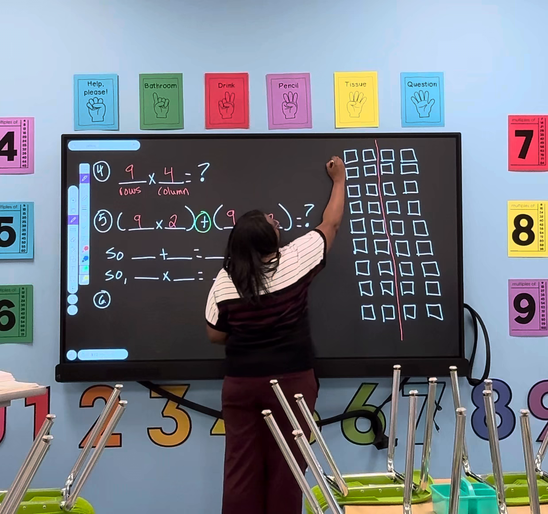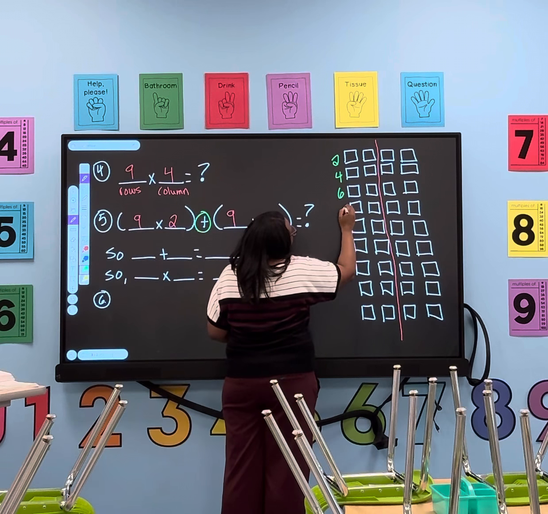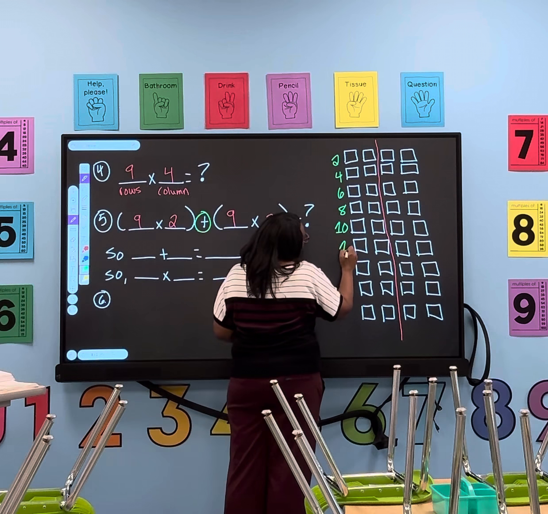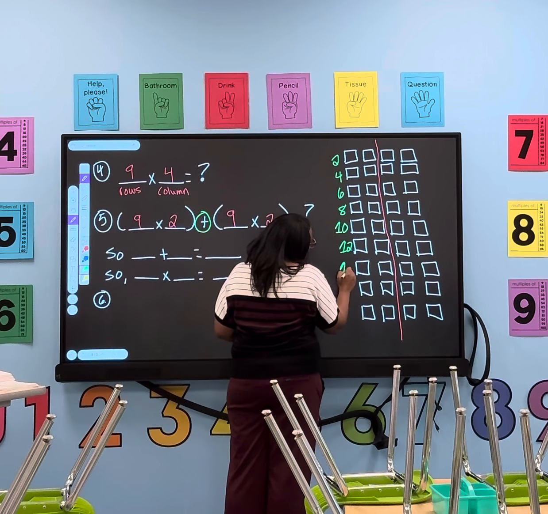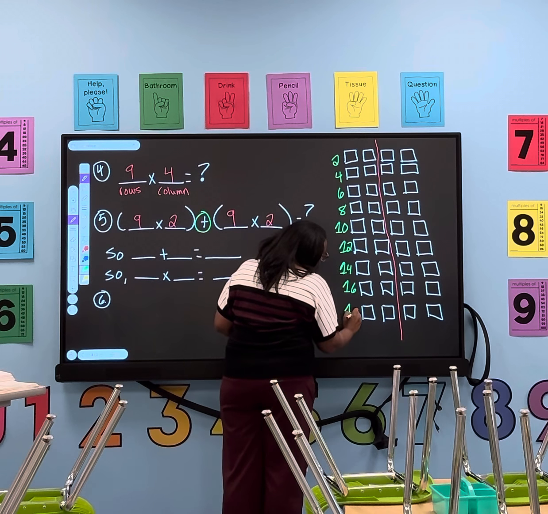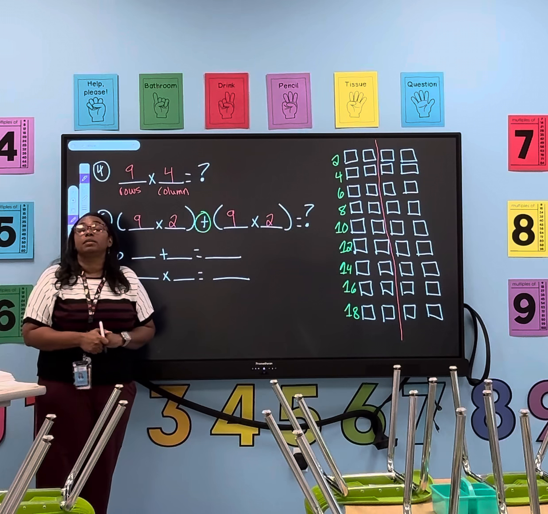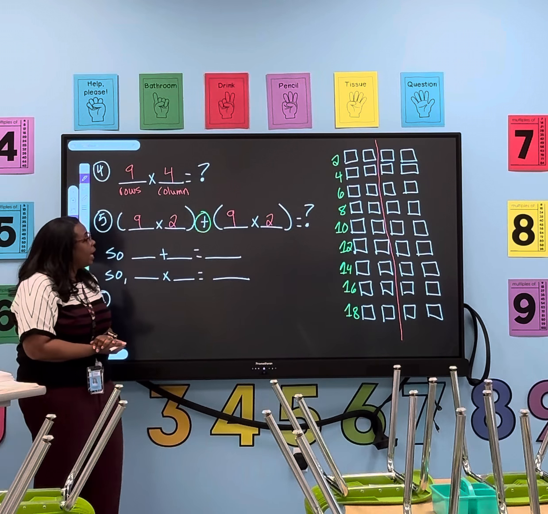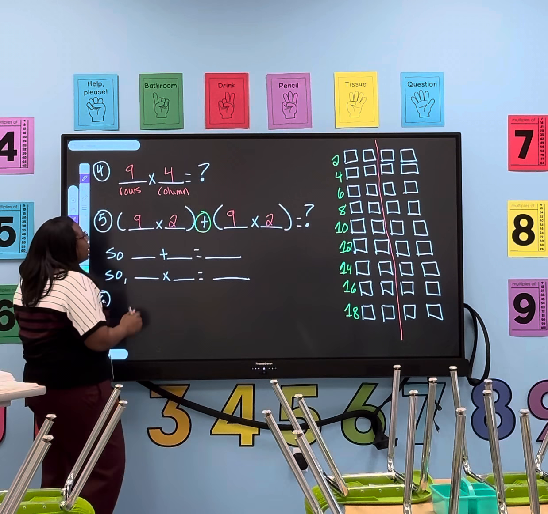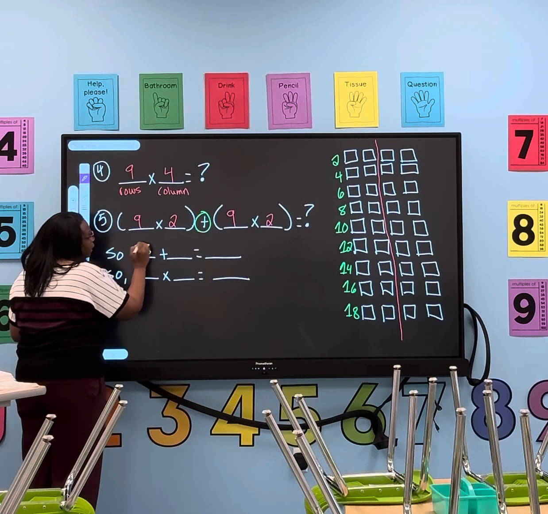So this will be 2, then 4, 6, 8, 10, 12, 14, 16, 18. So I skip counted by my 2s, and when I got to the last row, it was 18. So now I know this first 9 times 2 is 18.